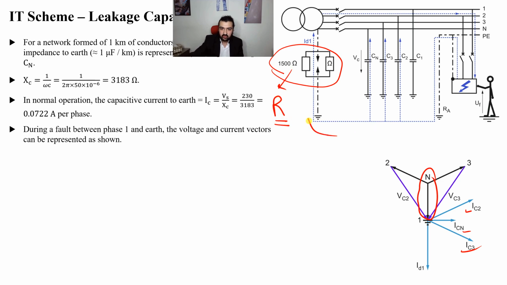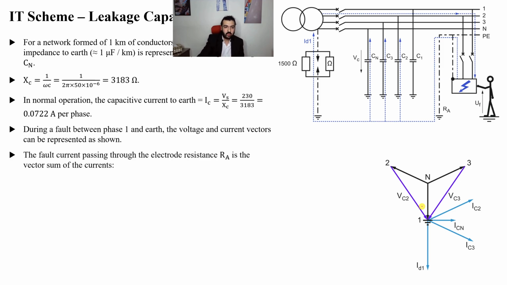So the current flowing here is in phase with the voltage, which is V1 minus 0. So ID1 is the current flowing here in phase with the supply. So we have drawn the vectors. Now I can add them in the form of vectors like this.